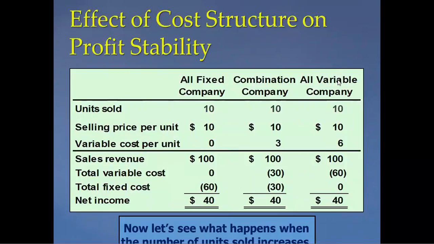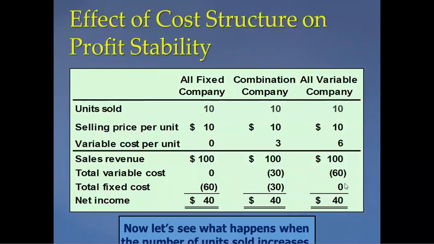This company here on the right-hand column, variable cost per unit is $6 because there's no fixed cost, as you can see down here, the 0. This company has a combination of both fixed cost and variable cost. So the all fixed company has no variable costs and only fixed cost.